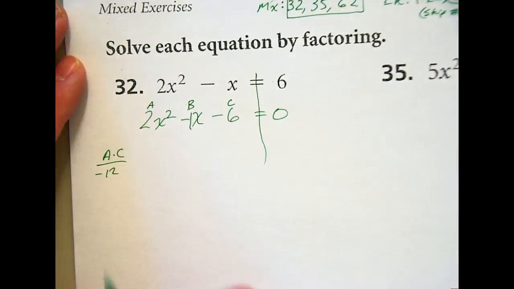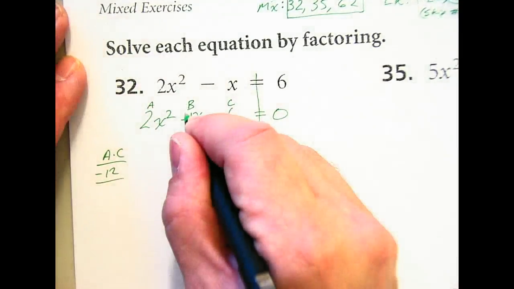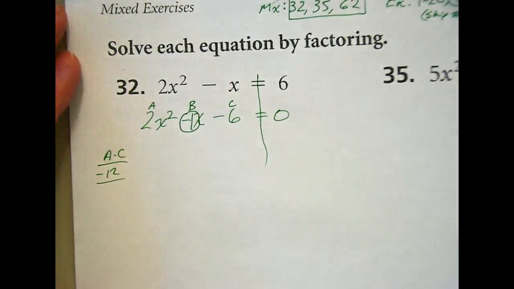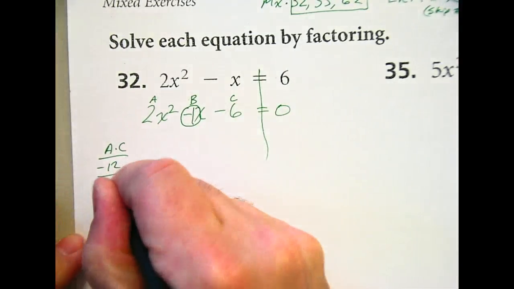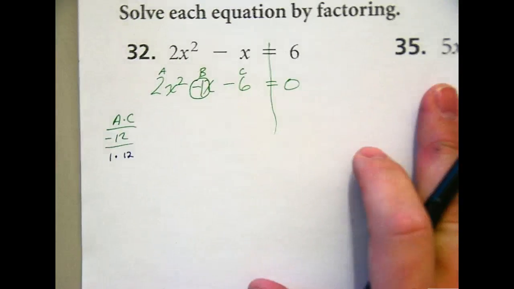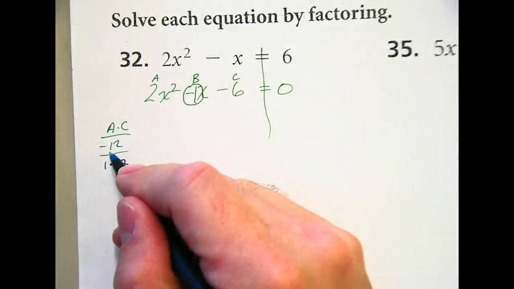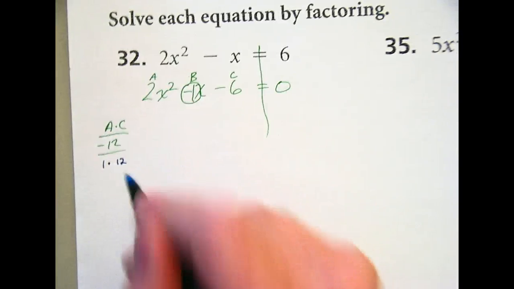Negative 12. Two things that multiply to make negative 12 and add to negative 1 is what we're looking for. Now I won't always list all my factors. I'll list as many as I need to. So 1 times 12. It has to make negative 12, so one of these has to be negative.